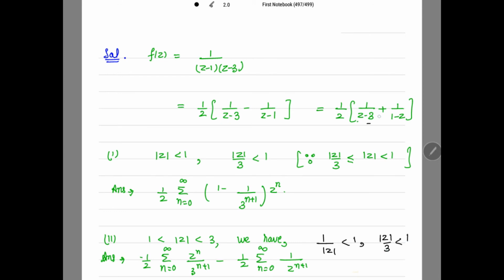So for the first part, I need z by 3, so I take 3 common so that I get z by 3 in the denominator. For the second, I need 1 by z, so I should take z common so that I get 1 by z in the denominator. So for the second part, take 3 outside and z outside. Just try this, solve this and tally your answers.